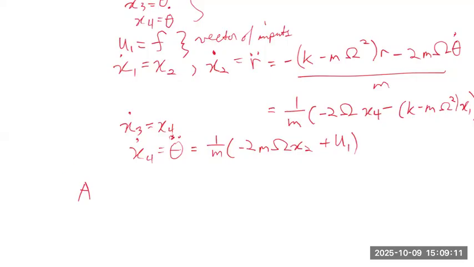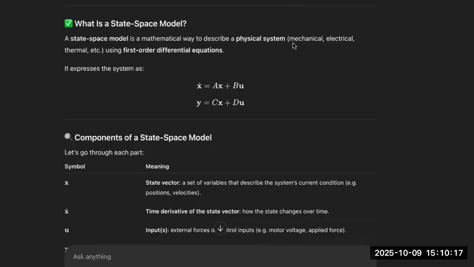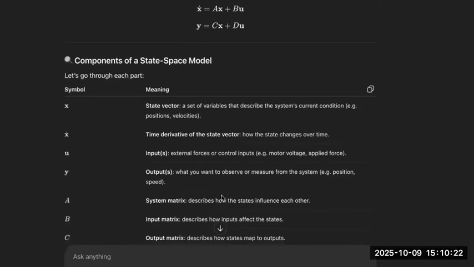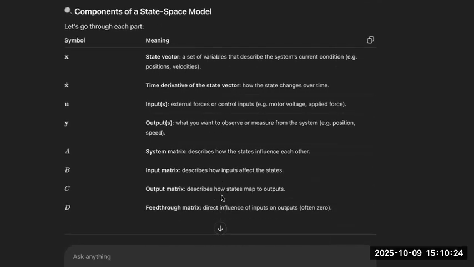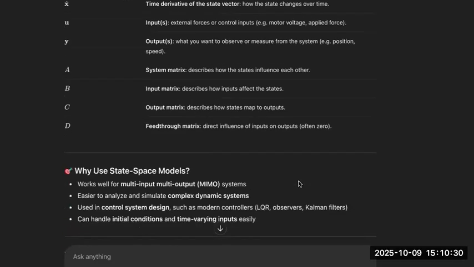Matrix A will be the state transition matrix. A is the system matrix and it describes how the states influence each other. B is the input matrix and describes how the inputs affect the states. So why do we use state space models? We already know some reasons, so let's go back.